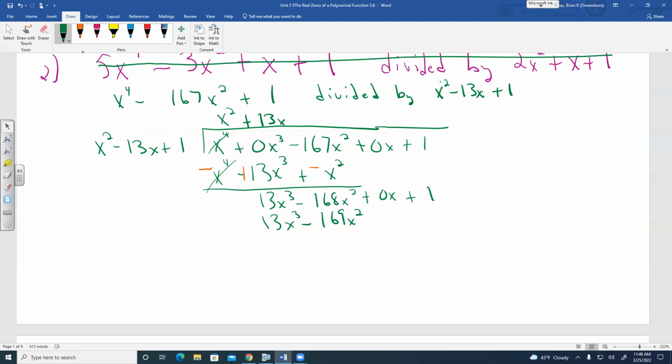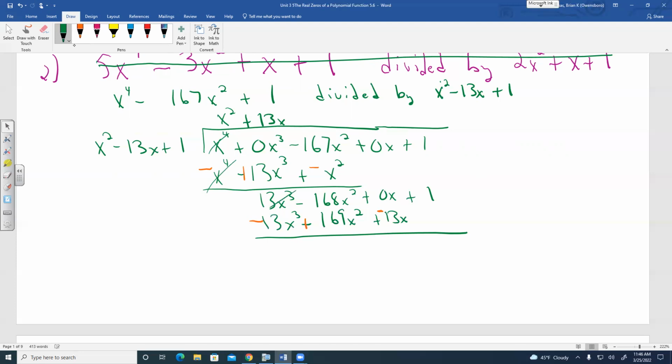And 13 times x would be 13x. And that would be it. So again, we have to subtract, but what I do is change the signs and add. I think you see that in everybody's videos, they do the same thing there. Must be taught from the same cloth.